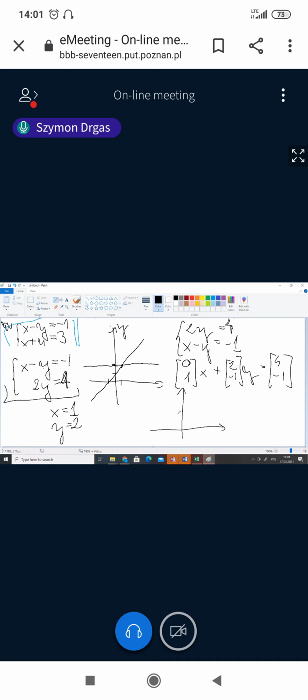So now we have vector 0, 1. It will be something like this, then 2 minus 1. And this right-hand vector will be 4 minus 1. So the first component is 4, and the second component is minus 1.